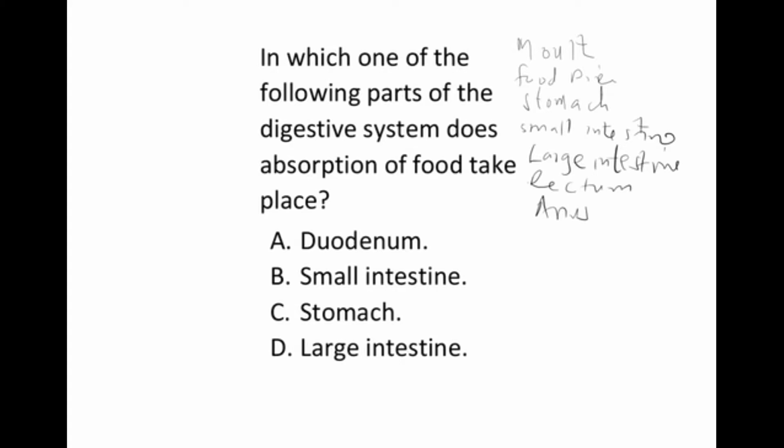After the food is in the stomach, it passes to the small intestine, and in the upper part of the small intestine is where the digestion is completed. As I have said, the small intestine is divided into two parts.